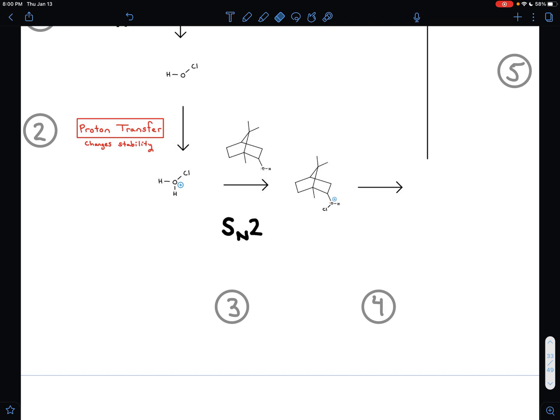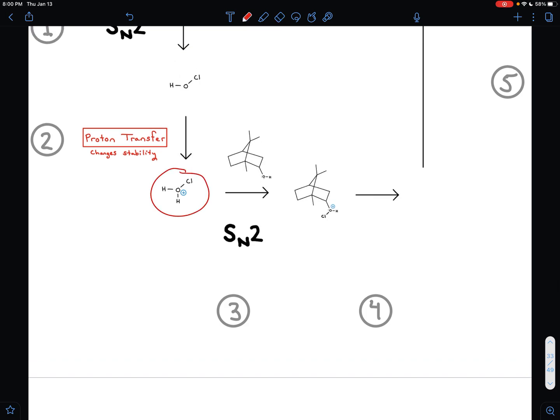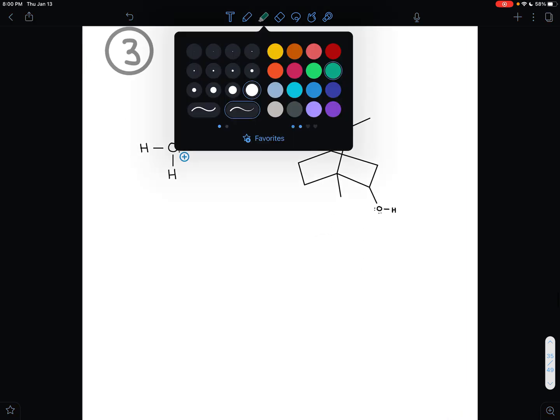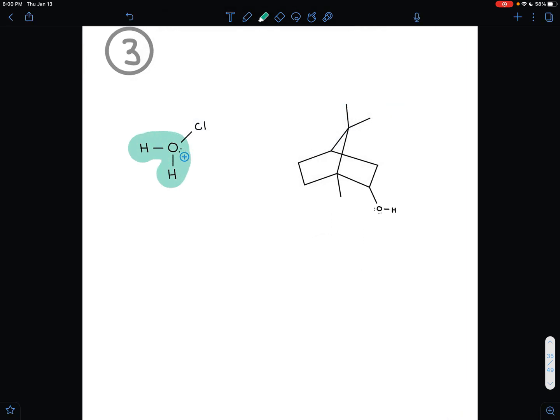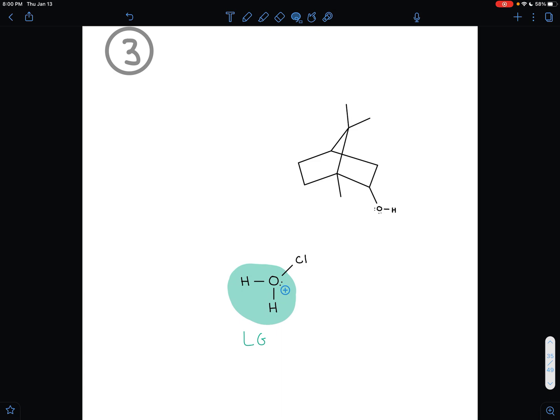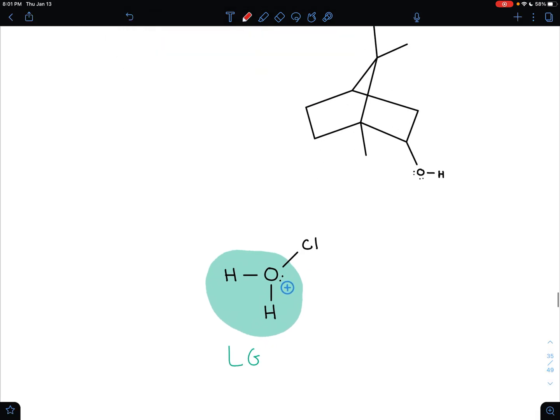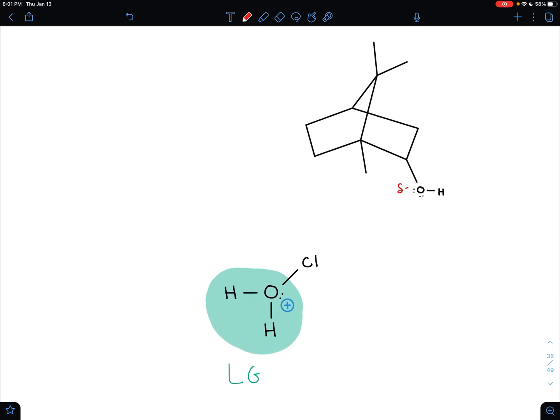So in this one, the goal of our last step of adding that H plus was to make this oxygen be a good leaving group. So this is now conceptually our leaving group. All we need is a nucleophile, and we can do an SN2 reaction. And we have a nucleophile on Borneol. It's the slightly negative oxygen atom of the alcohol, the OH.